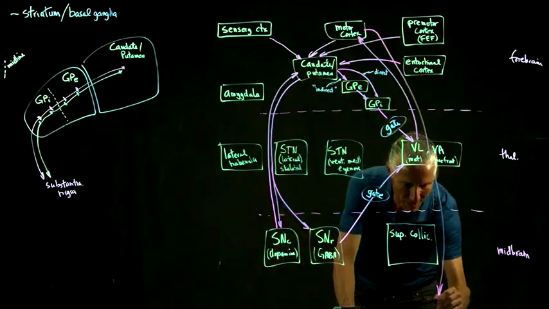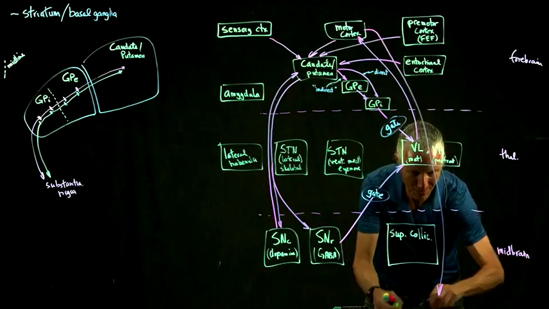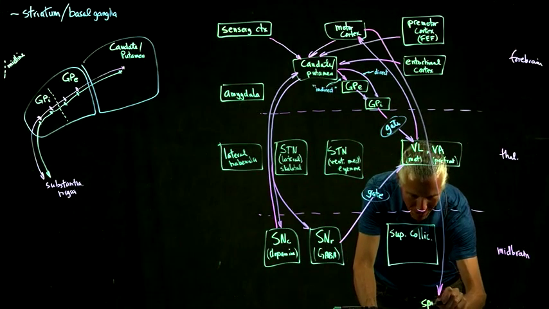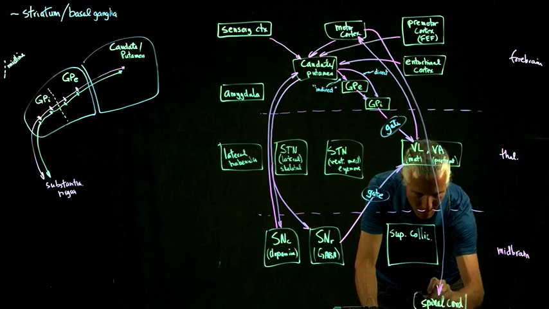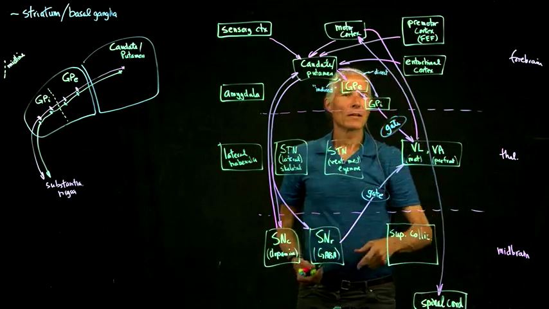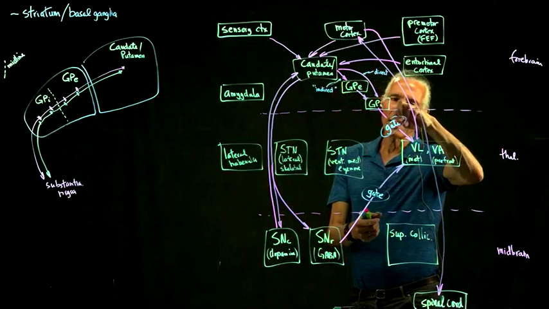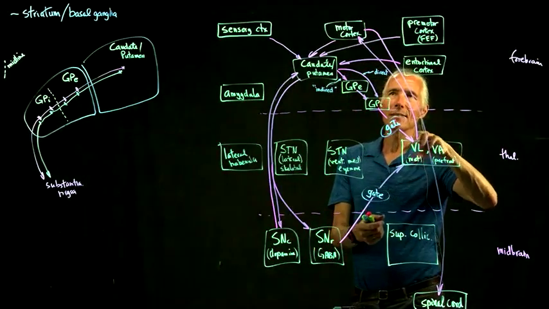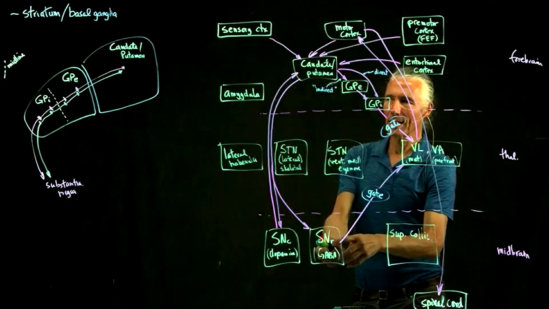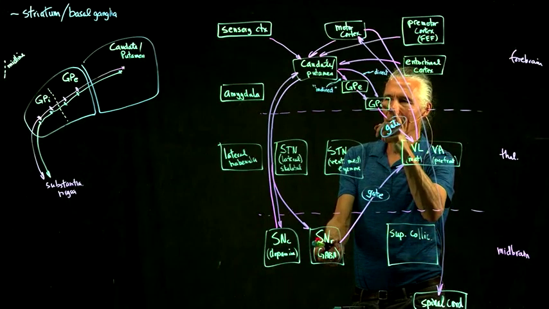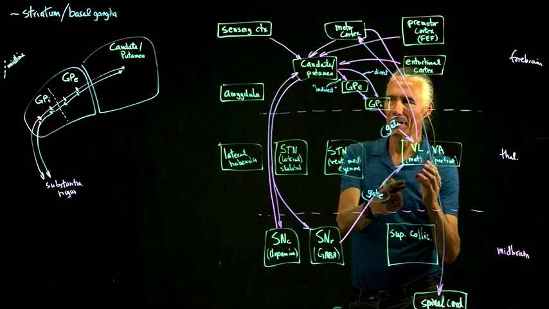So that's our final, make sure we got the final common output pathway here. So spinal cord to make a movement. Okay, so the globus pallidus can gate the thalamus being able to move, but the substantia nigra reticulata GABA part, which is kind of like the globus pallidus internal segment GABA part, can also gate the thalamus.